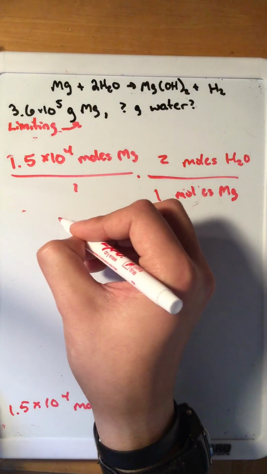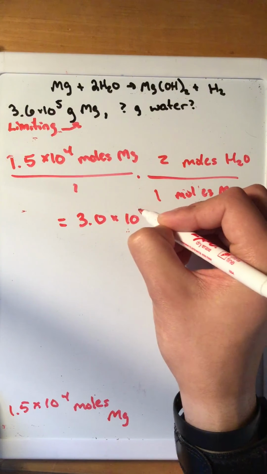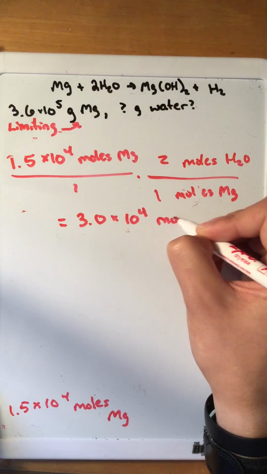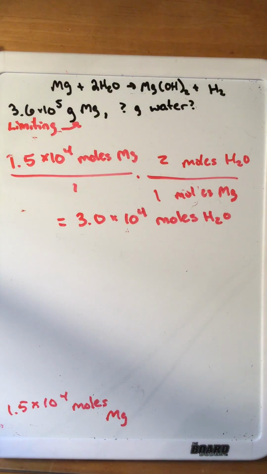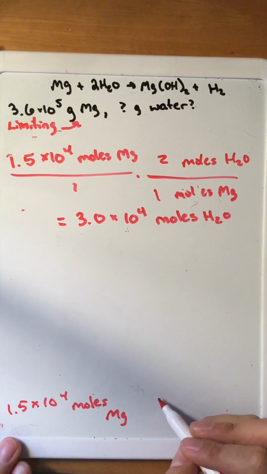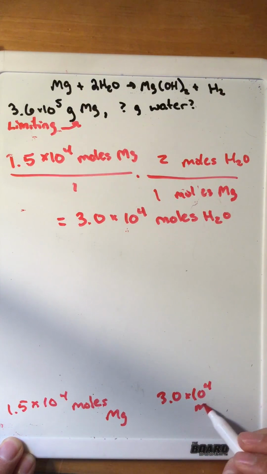You may already realize that this is going to be 3.0 times 10 to the 4th moles of H2O. If you didn't know how I did that, you can figure it out on your own, but it's just how it works. So 3.0 times 10 to the 4th moles H2O. I'll go ahead and put that down here too, so I can save it just in case I need it again, which I will in the next step.